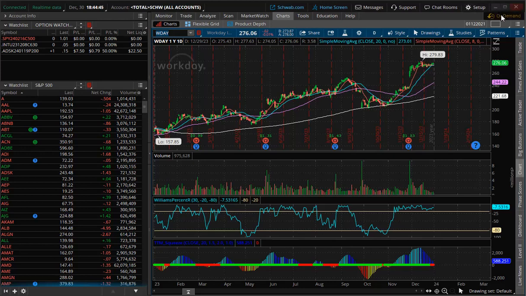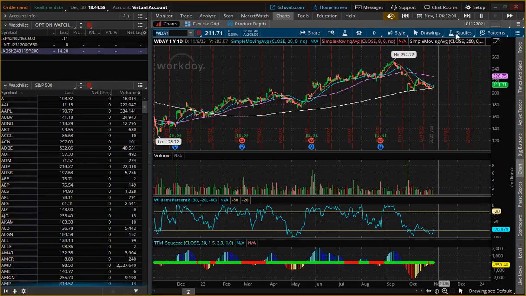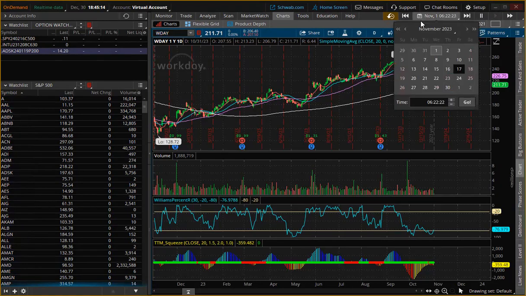By clicking on it, it usually shows, there it is, a calendar and time where you can set it to any date that you want.